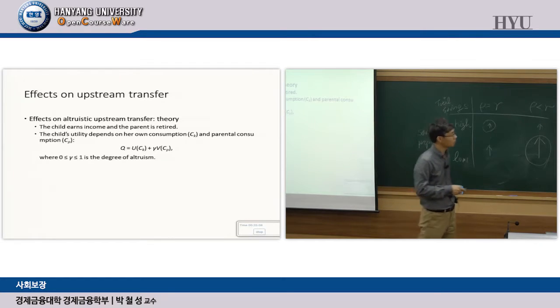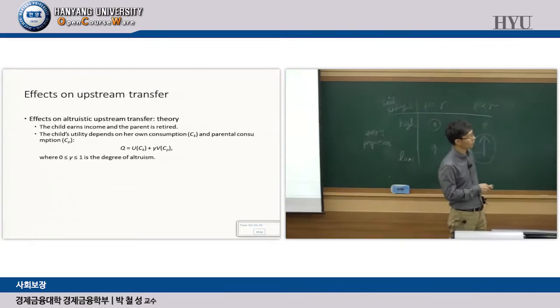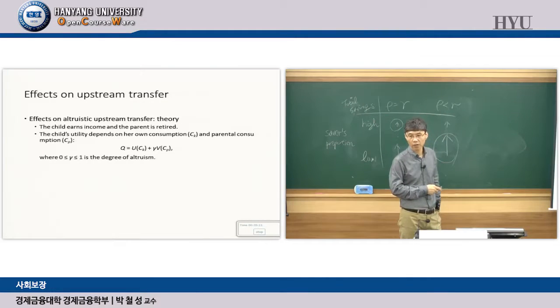If it's 1, then the child cares about the parents as much as she cares for herself. It's quite possible that gamma may be greater than 1, but it's more natural to think between 0 and 1, so she cares more about herself than her parents.